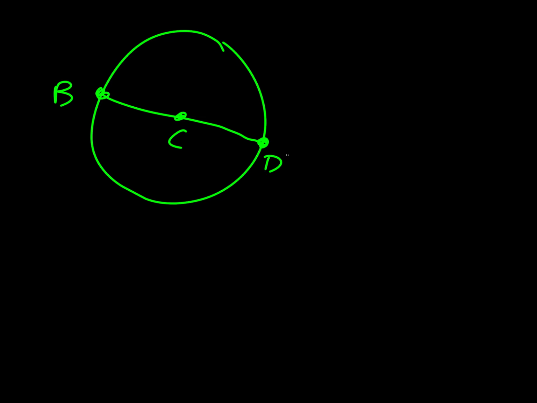Okay, moving on. We have a diameter. We're going to call this B, C, and D, and this one's A. Okay, so we just have A right there.